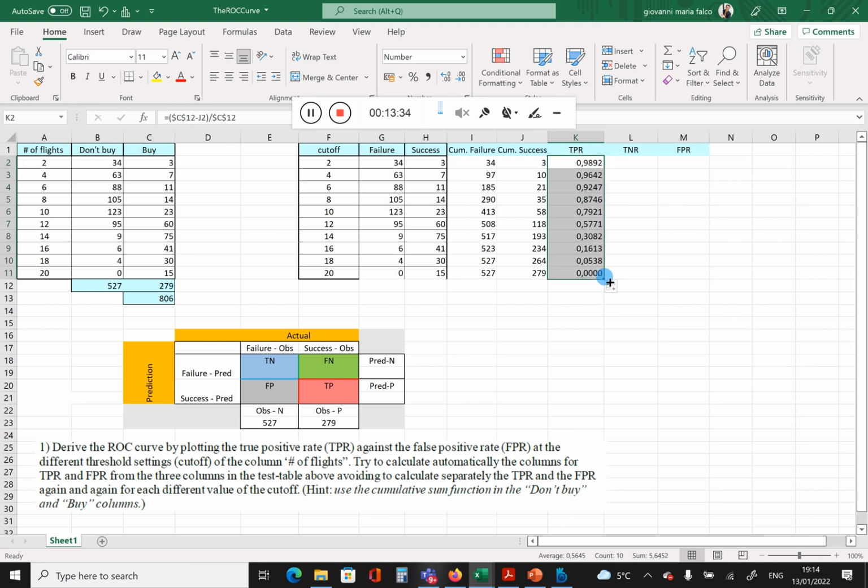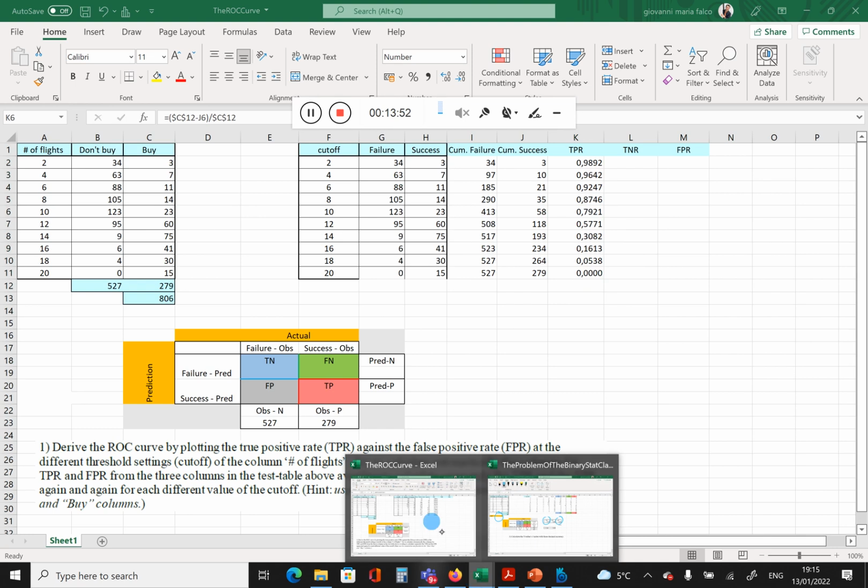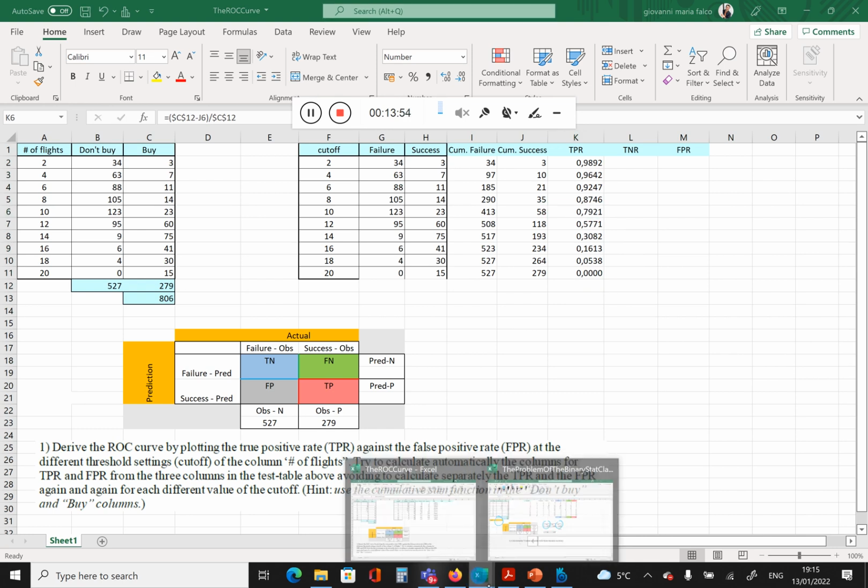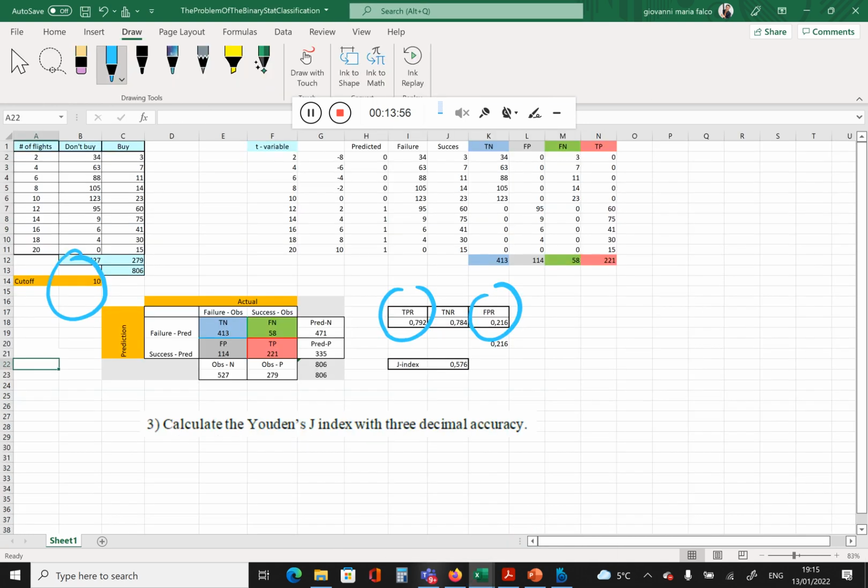Okay, and then I have to extend this below. And then you see I can also check, for example, if I look at the value of cutoff of 10, then here I get 0.7921, and this must be in agreement with what we got in the previous exercise.